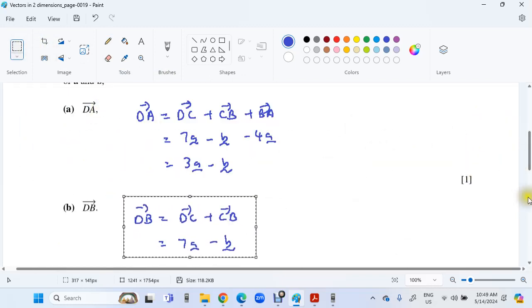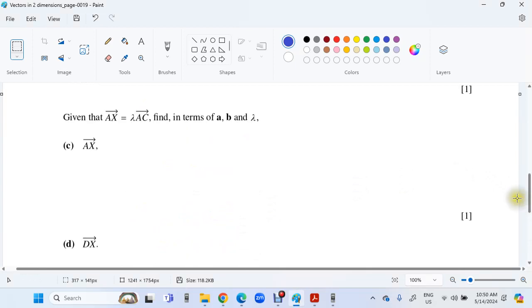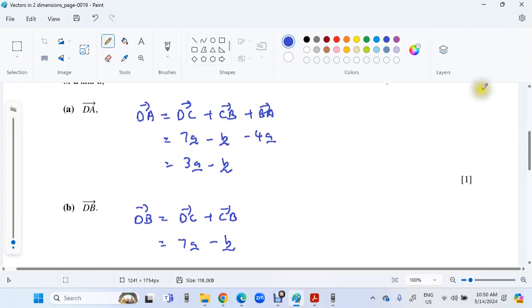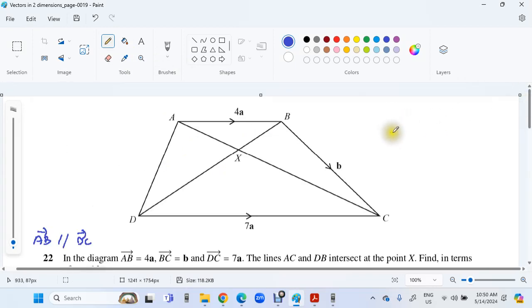And next, it's given that AX is equal to lambda AC. So AX is lambda of AC. So what is AC? We don't have AC here.